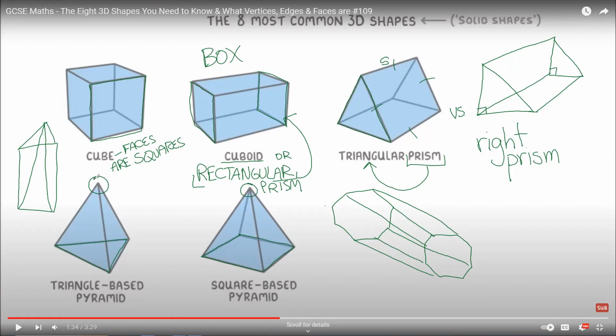That little point would still be a vertex. So a triangle-based pyramid has 4 vertices, and this one has 5, because the base makes vertices and then there's where it comes together.